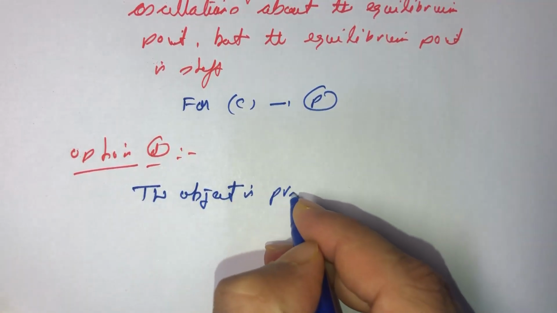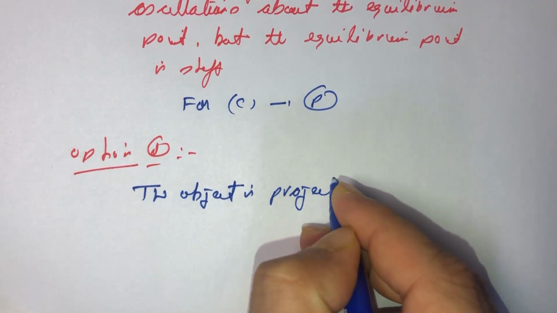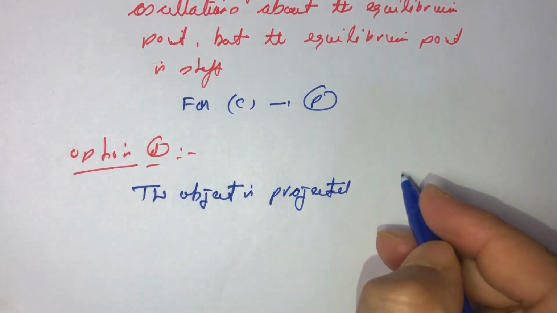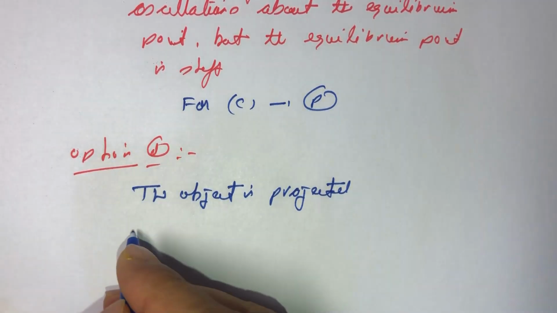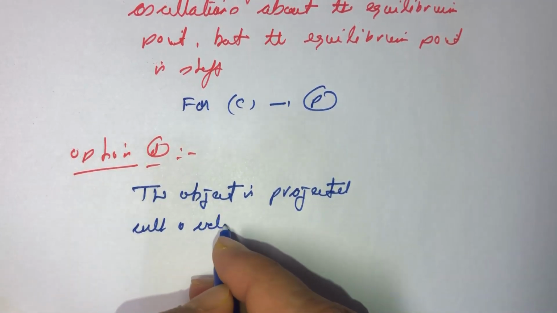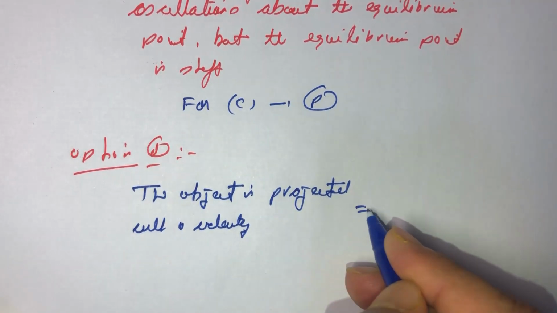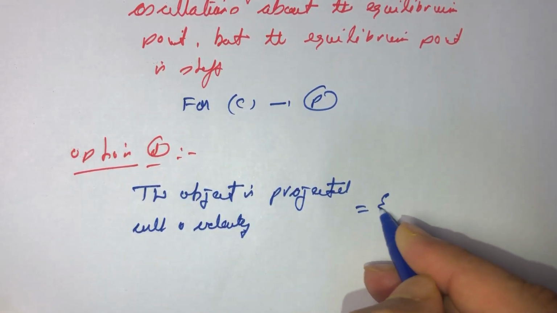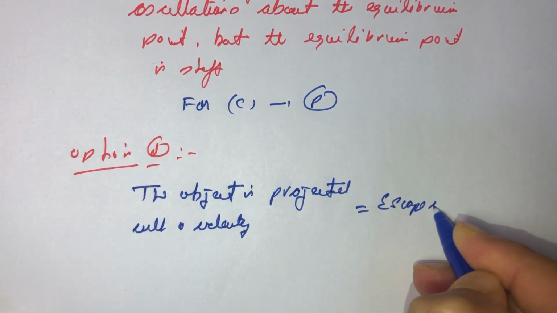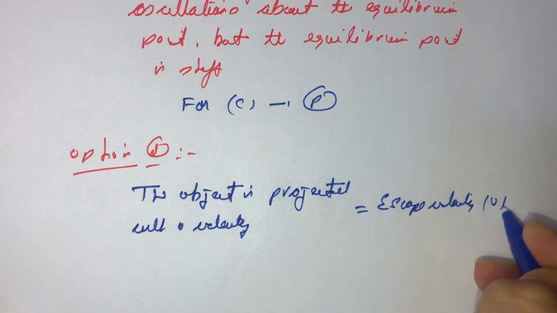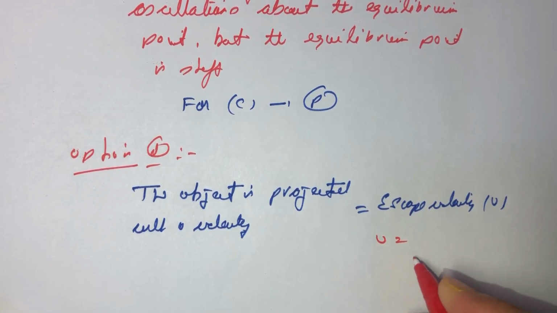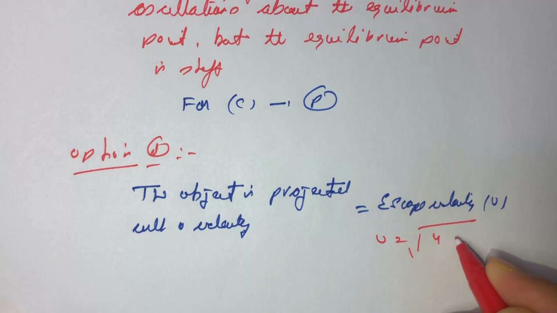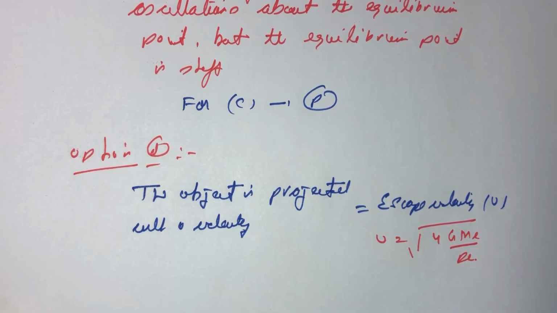So we can say that the object is projected with a velocity which is equal to the escape velocity v, and this v will be square root of 4 G, mass of Earth and radius of Earth.